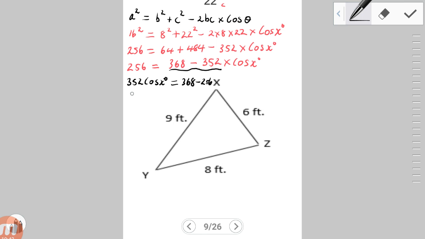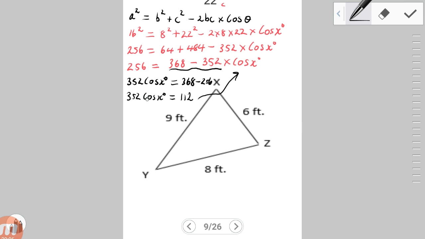So you're going to find now that 352 cosine x degrees is equal to 368 take away 256, and that's 112. Right, let's just skip over here, guys, get some space.